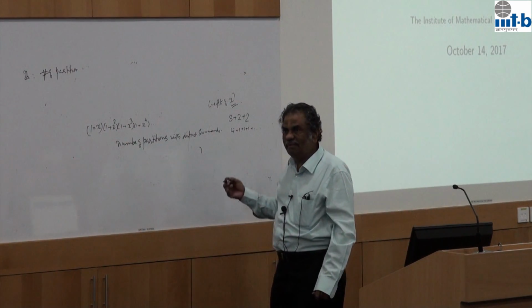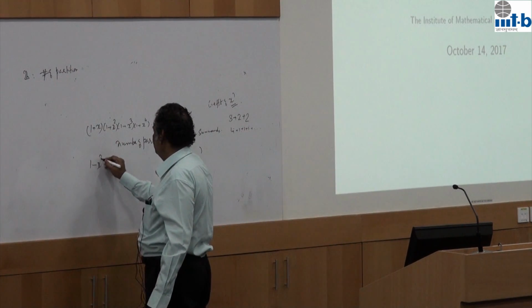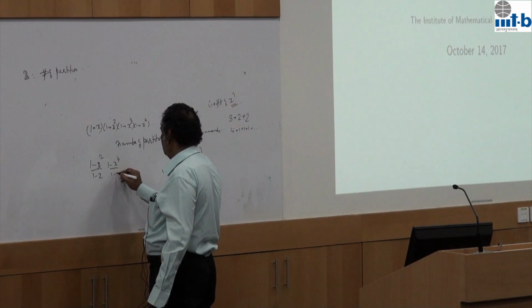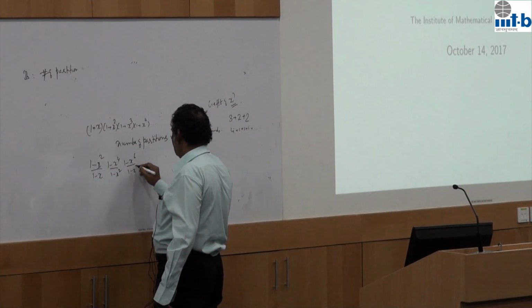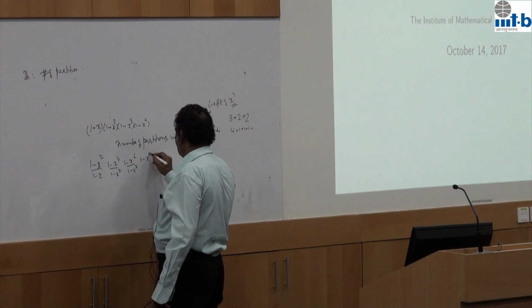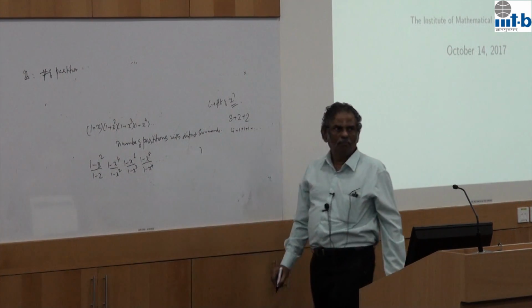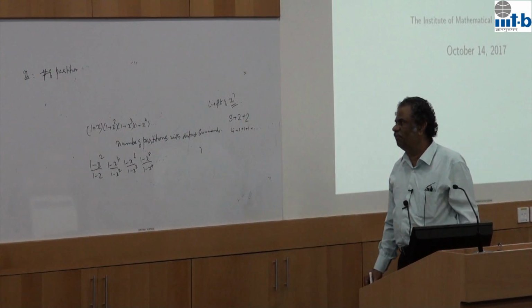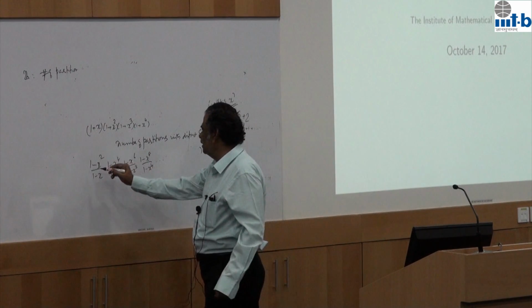Okay, this is a generating function. Now let me simplify this generating function. The 1 plus x I have written as 1 minus x square by 1 minus x, 1 plus x square as 1 minus x power 4 by 1 minus x square, etc. Now this numerator cancels.